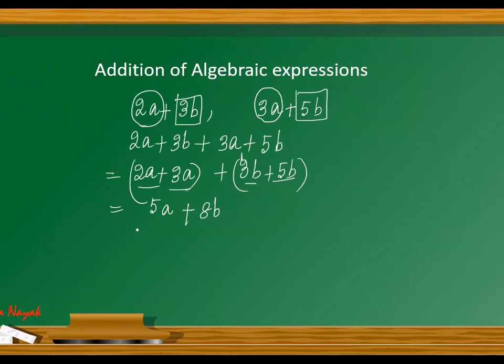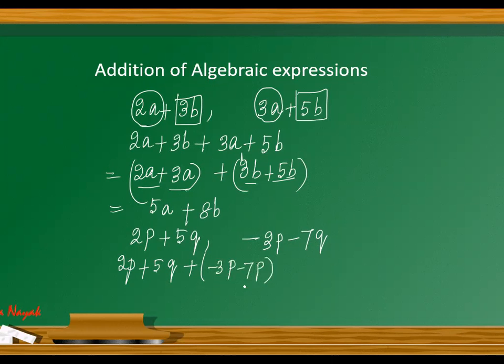Similarly, if it is 2p plus 5 times of q, and we have to add minus 3 times of p minus 7 times of q. So what I'll do, first I'll put the positive sign in between so that it gives the symbol that it is added.